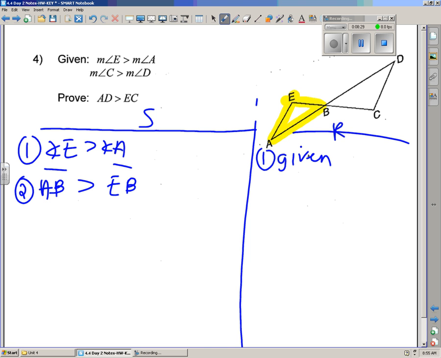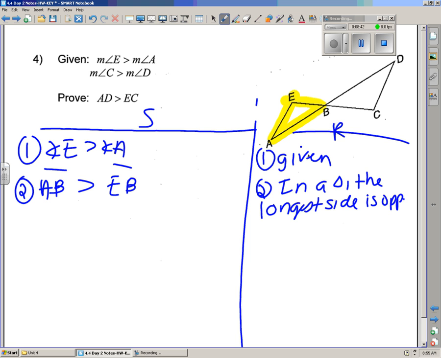And the reason for that is in a triangle, the largest side, or the longest side, however you want to write it, is opposite the largest angle. And then that's going to happen when we get to the next ones.